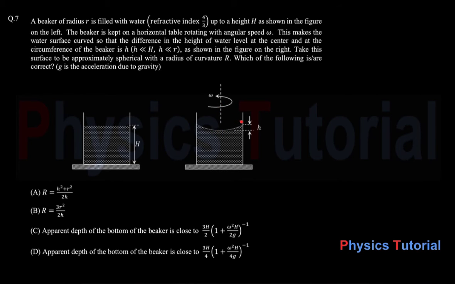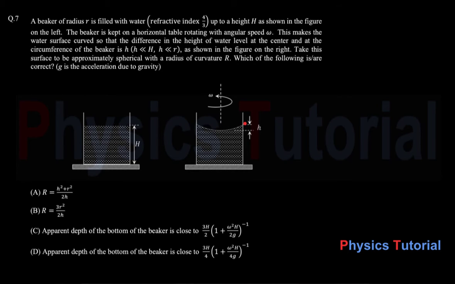You join over here capital R, and this is little r, and here the height is capital H. So here you can use the Pythagoras theorem. It is very easy. You can find the A and B options using the Pythagoras theorem. Anyone can do this.